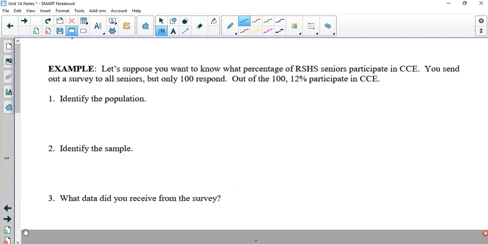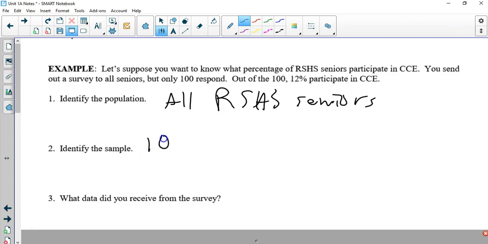Okay, so we're trying to find out about all the seniors. That's our population, so all Rockwood Summit high school seniors. Identify the sample. Well, the ones we could evaluate are the 100 that responded.